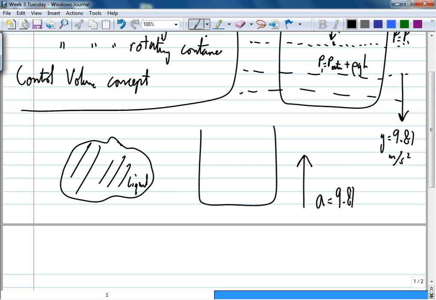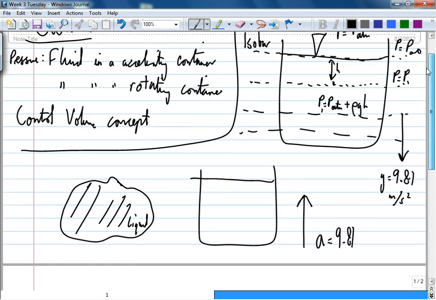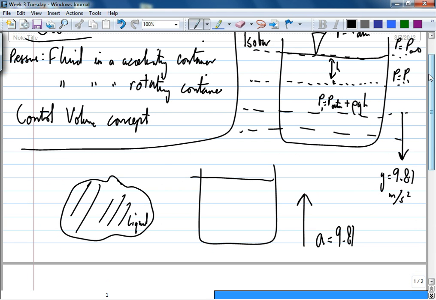Then your fluid will fill up the container like this, and you get the same isobars and so on. Is that clear? So the effect of G is equivalent to accelerating upwards at 9.81.